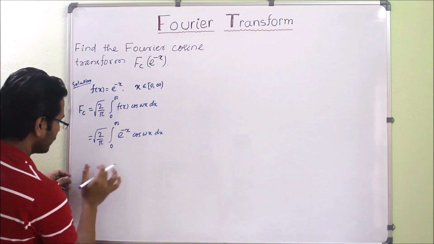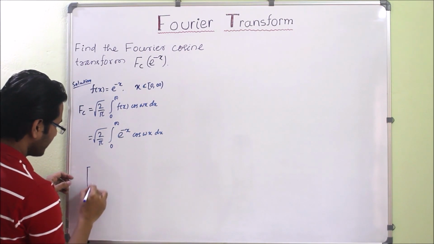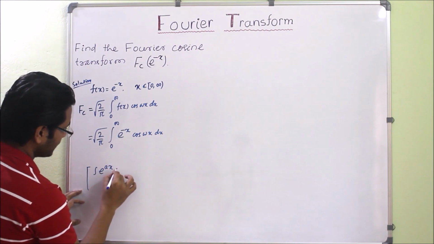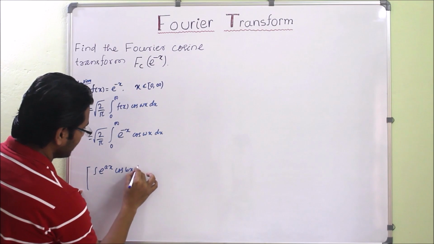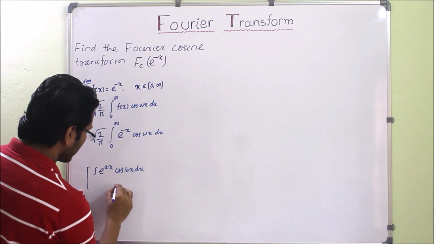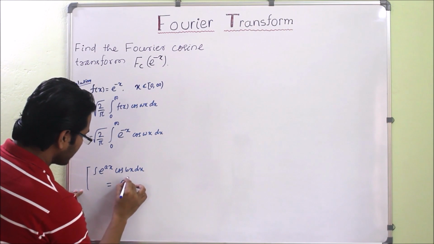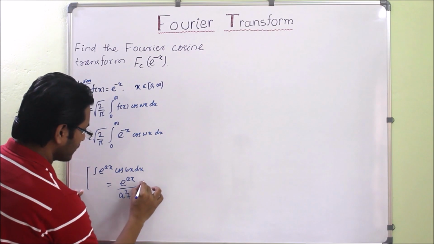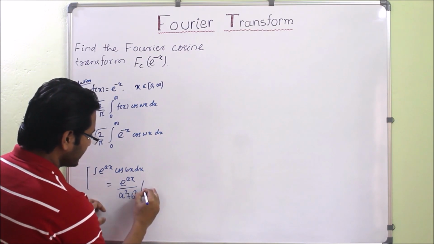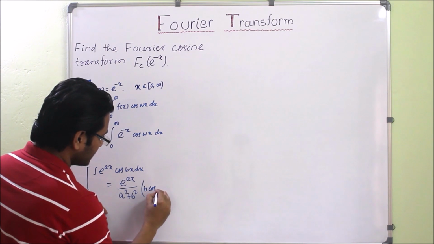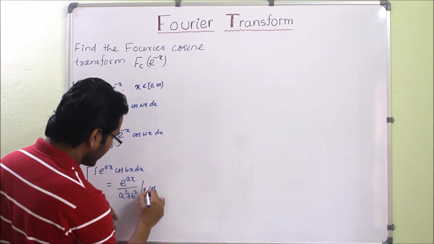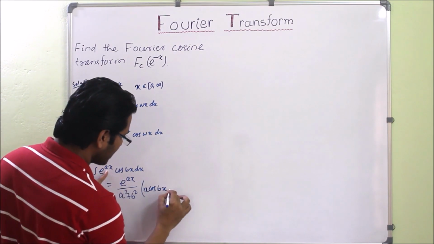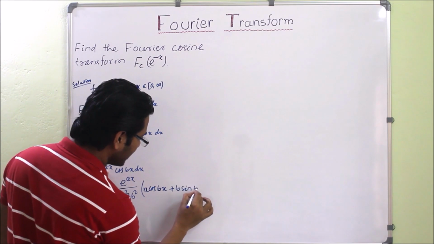Before applying this integral, we need the formula for the integration of e to the power ax cos bx dx. The formula is e to the power ax divided by a square plus b square, whole into a cos bx plus b sin bx.